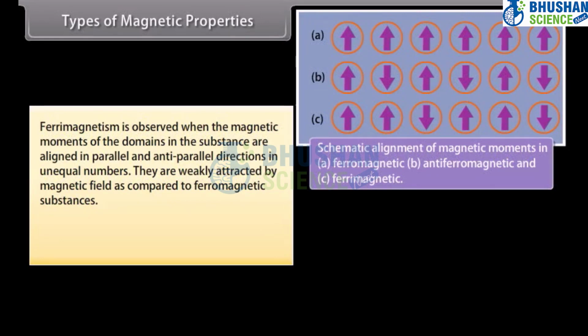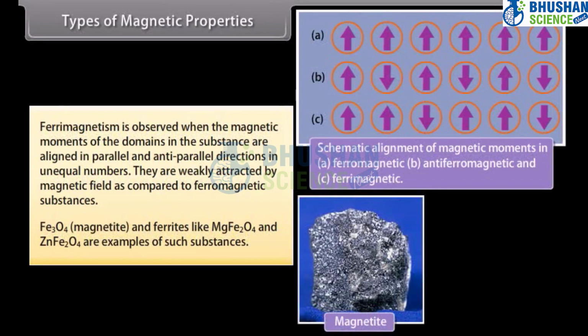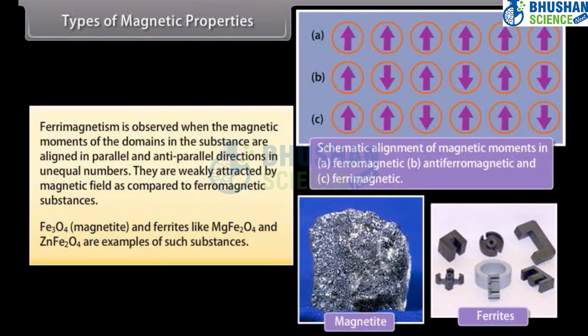Ferrimagnetism is observed when the magnetic moments of the domains in the substance are aligned in parallel and antiparallel directions in unequal numbers. They are weakly attracted by a magnetic field as compared to ferromagnetic substances. Fe3O4, magnetite, and ferrites like MgFe2O4 and ZnFe2O4 are examples of such substances.